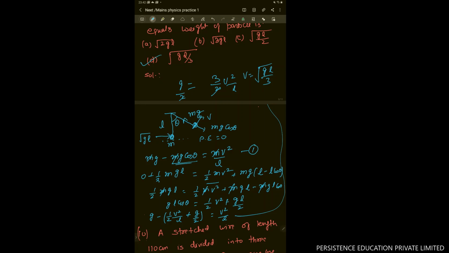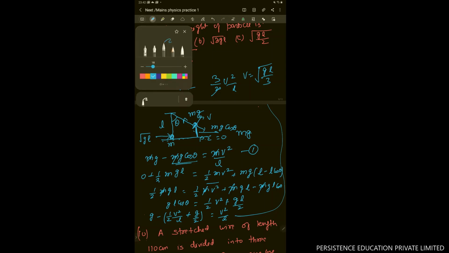So just look at the step. This is a very important step. I have taken the potential energy as mg into this length. So let me use a different color so that at least you can see.